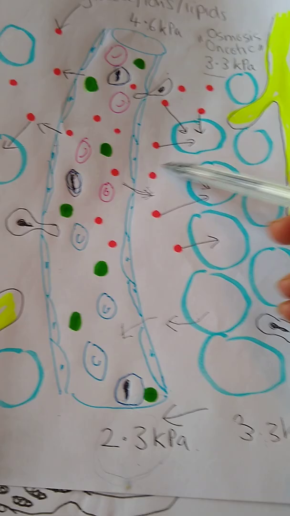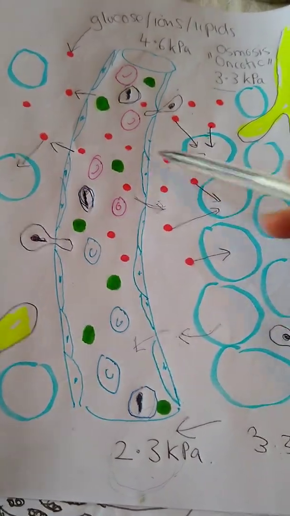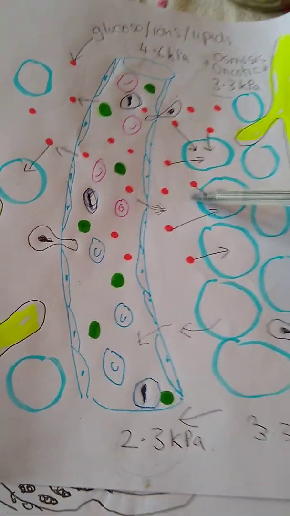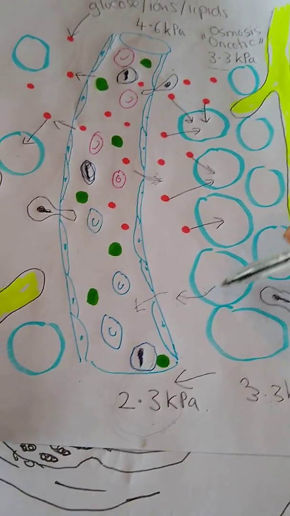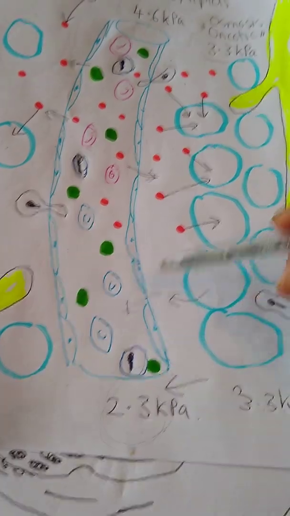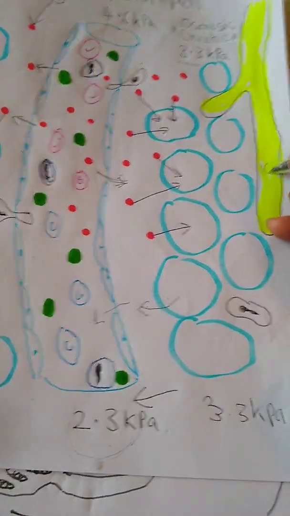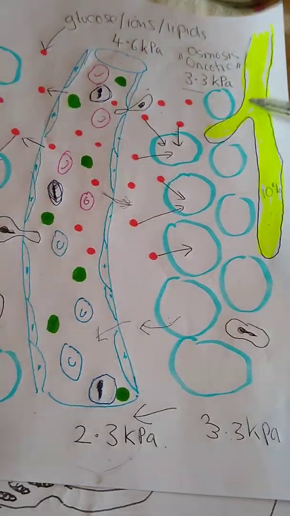The nutrients, the ions, the lipids, the glucose is all diffusing this way from a region of high concentration to low concentration. But the water, although most of it will go back into the capillary and into the blood, about 10% of the water will get drained off by these lymphatic ducts.